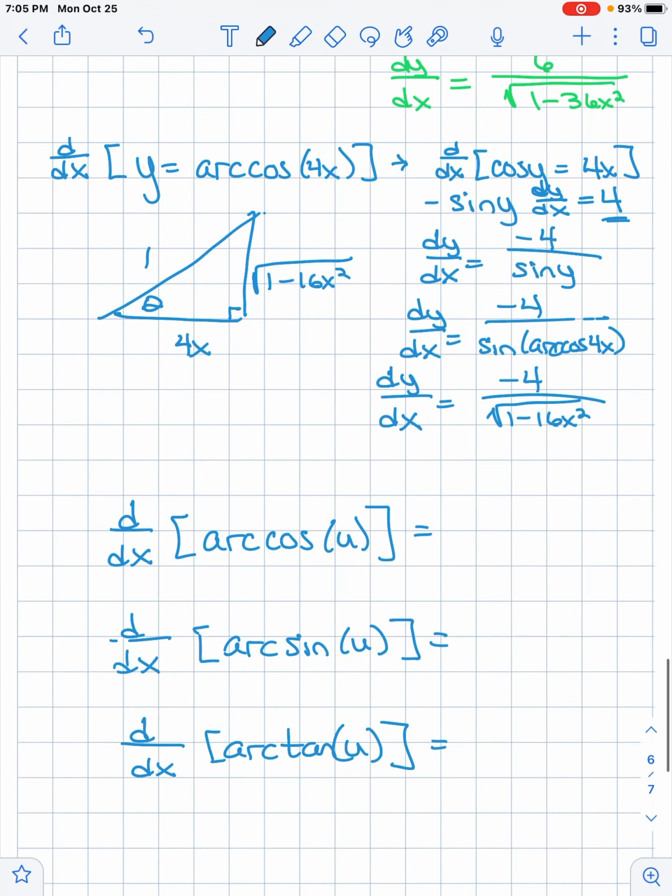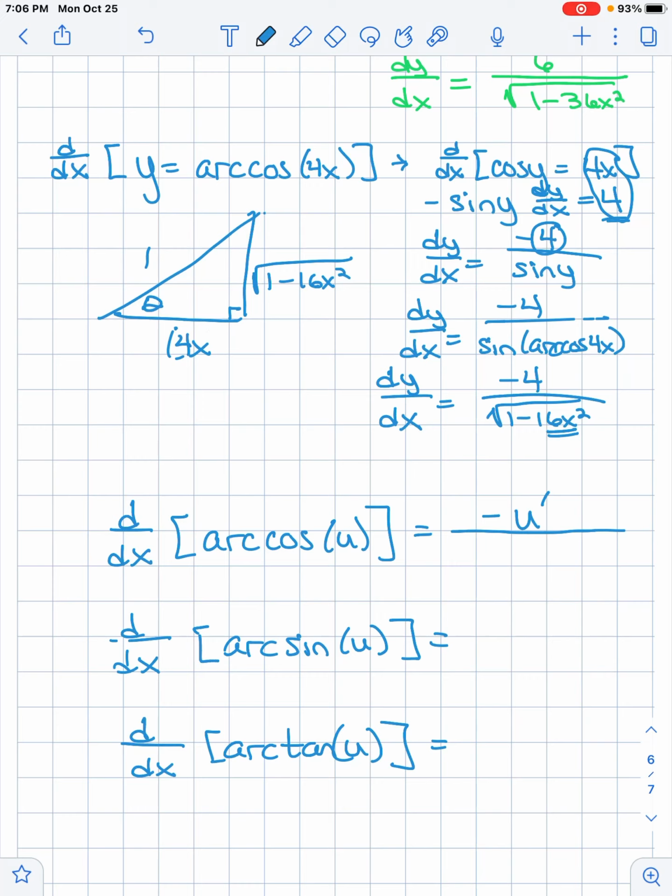Okay, so what I was noticing, and I hope you were noticing the same thing, is that this right side, which ended up being the numerator, was the derivative of that inner function. So the numerator is u prime. Oops, this is cosine, so in this case it'll be negative u prime. The denominator is still the square root of 1 minus, but where did that come from? That came from the Pythagorean theorem when we squared this other side, when we squared the 4x.